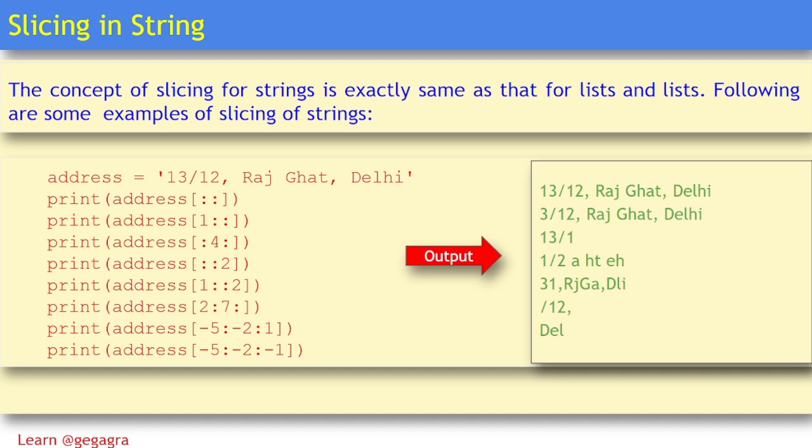Actually this is moving from left to right because the gap is plus, so you are moving left to right, from index number -5, then -4, then -3, and finally -2. So it will go -5, -4 and -3, and that is why it will print del.